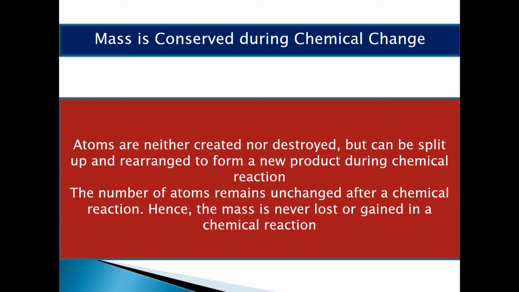The number of atoms remains unchanged after a chemical reaction. Hence, the mass is never lost or gained in a chemical reaction. In other words, the total mass of products at the end of the reaction is equal to the total mass of reactants in the beginning. This is called the conservation of mass.